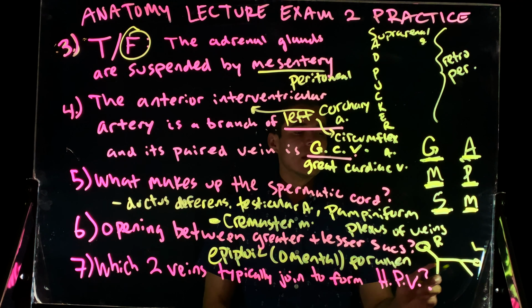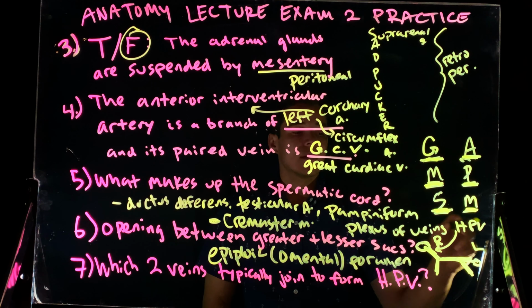So we're going to have some splenic vein that's going to be draining into my hepatic portal vein. Over here is going to be my inferior mesenteric vein draining into my splenic vein. And then over here I have my superior mesenteric vein draining with the splenic vein to form the hepatic portal vein. So here's the hepatic portal vein. This was my superior mesenteric vein.